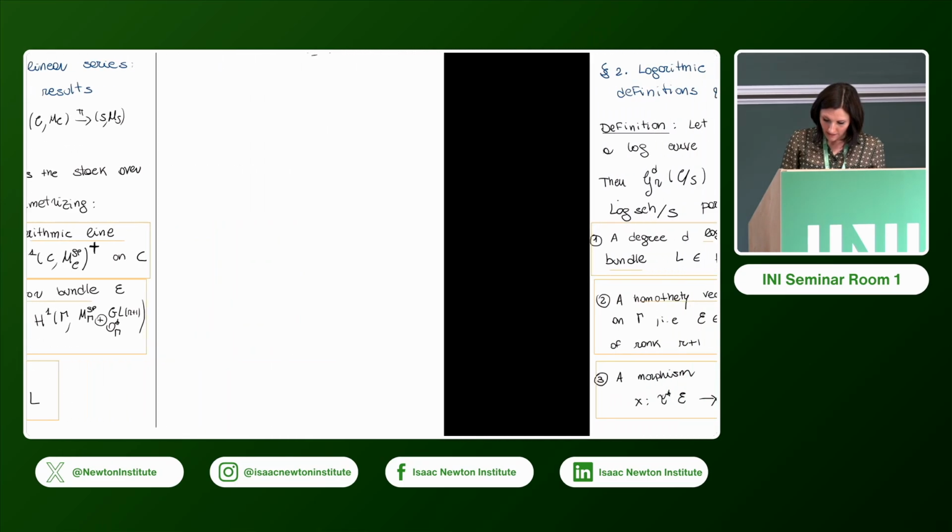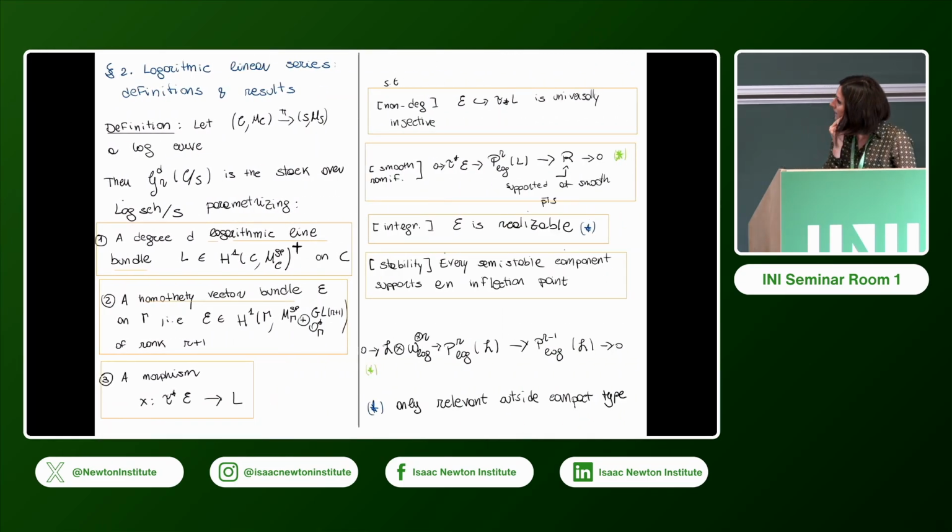And moreover, we ask our data to satisfy certain conditions. We ask that there is a natural morphism by adjunction from E to the push forward of L to the tropical curve, and we want this to be universally injective.